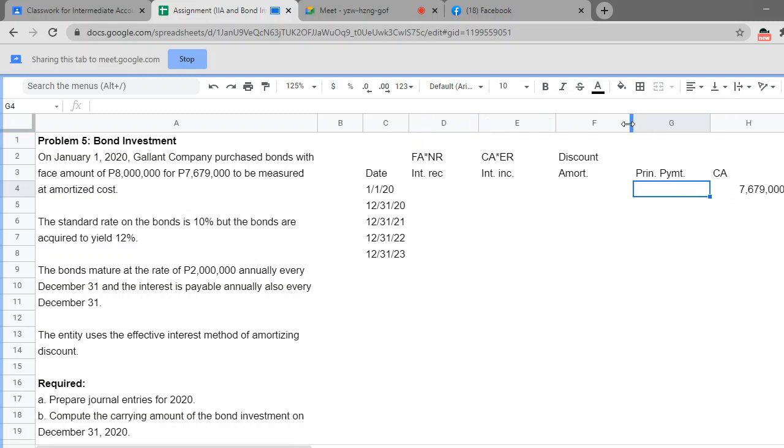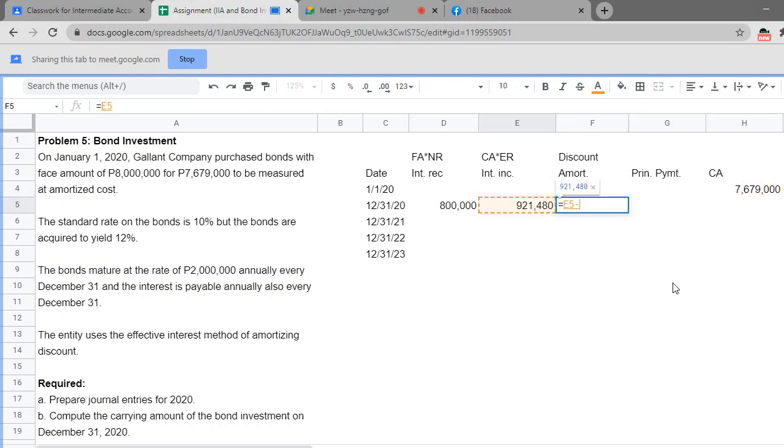Okay, now let's have our interest received. Interest received is based on the face amount nga 8 million times annually man, dili man semi-annual. So, diretso na ta sa 10%. Do not divide it by 2 anymore. So, that would be 800,000 and then our interest income is carrying amount times 12%.